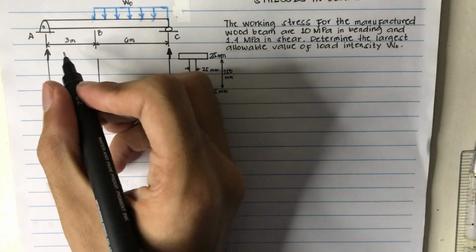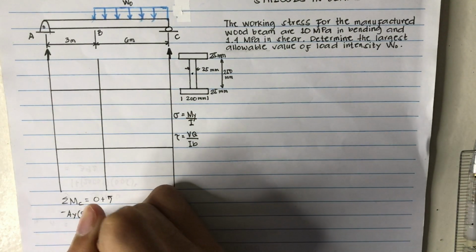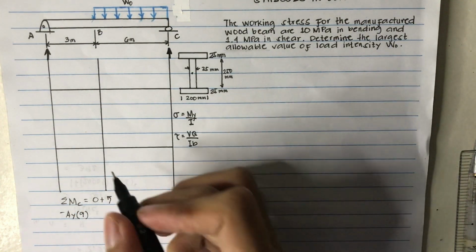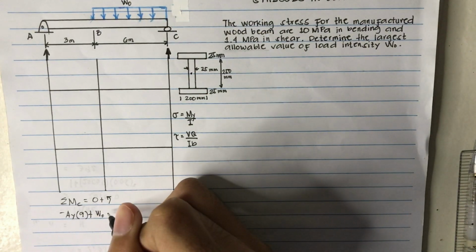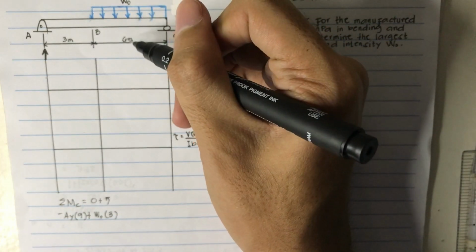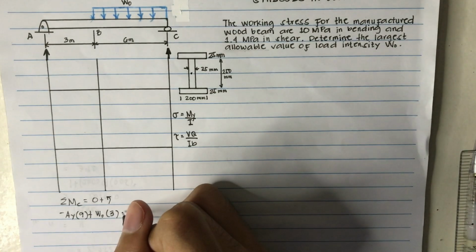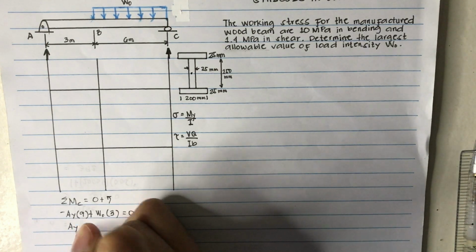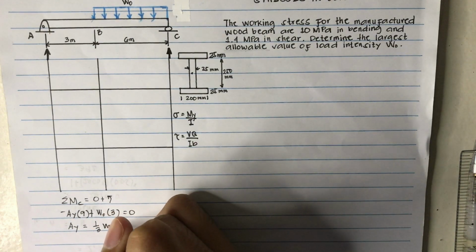So at C, I have negative AY times 9, the distance, 6 plus 3, 9, plus this load, which is WO times 3, 3 here being the resultant. So 6 is 3, then equals to 0. Then we will have a value of AY of 1/3 WO.